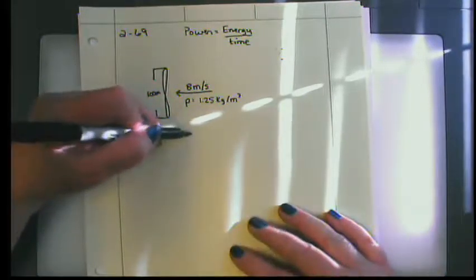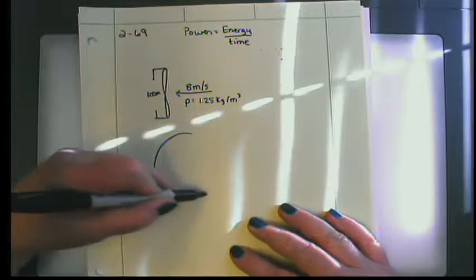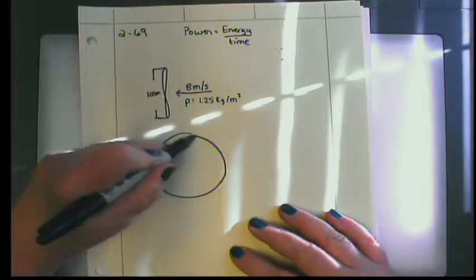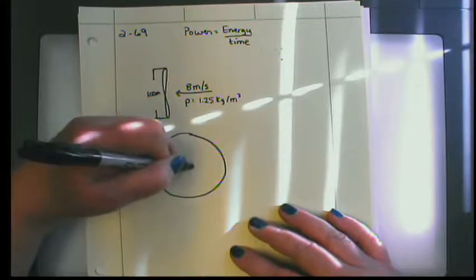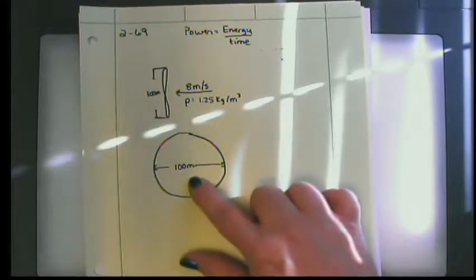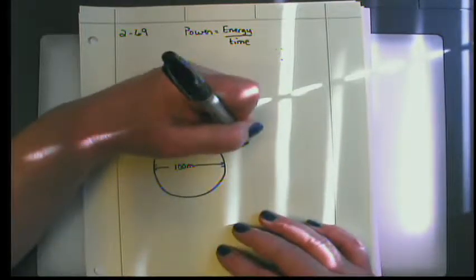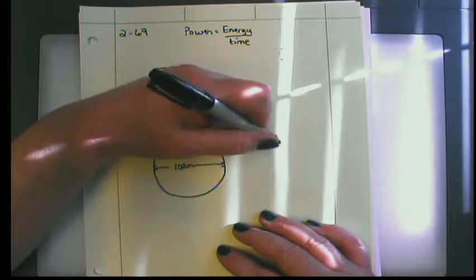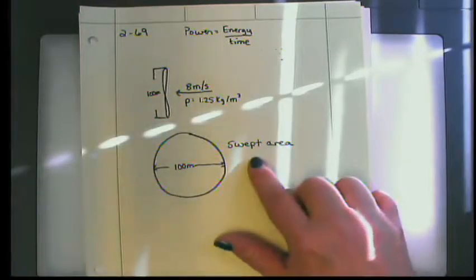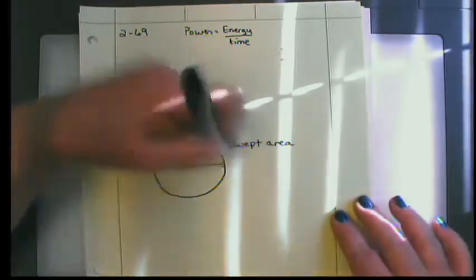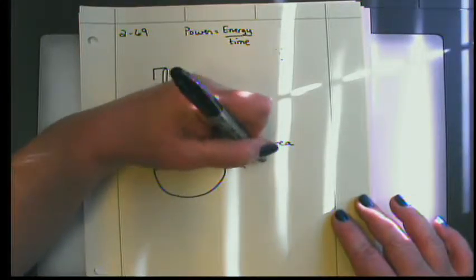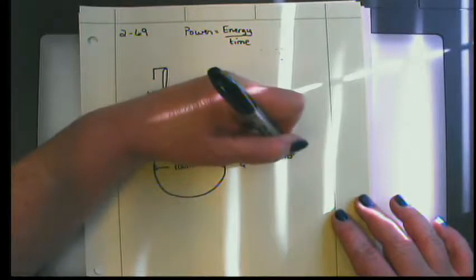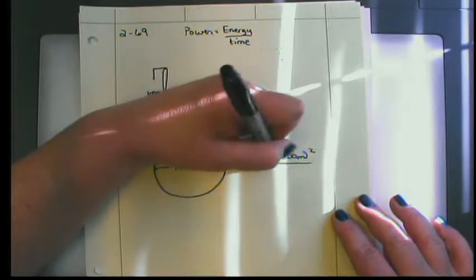In other words, if we were to draw it frontwise, what we really have is an area that's a circle that is 100 meters in diameter. This is referred to as the swept area. So the swept area for the wind turbine is a circle, pi d squared over 4, pi times 100 meters squared over 4.